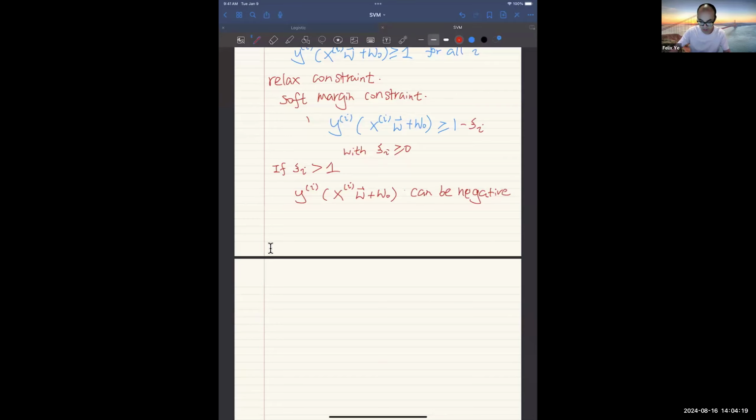So what does that mean? My y_i and my prediction right here can have different signs. That implies that x_i is misclassified. So as you can see, this is still allowed.